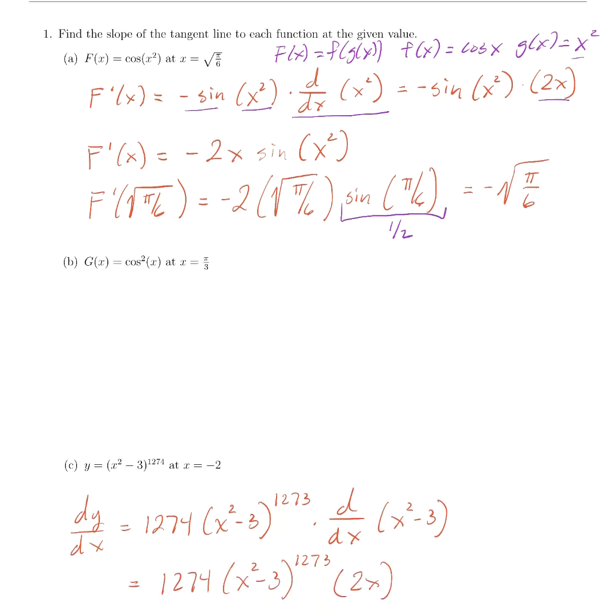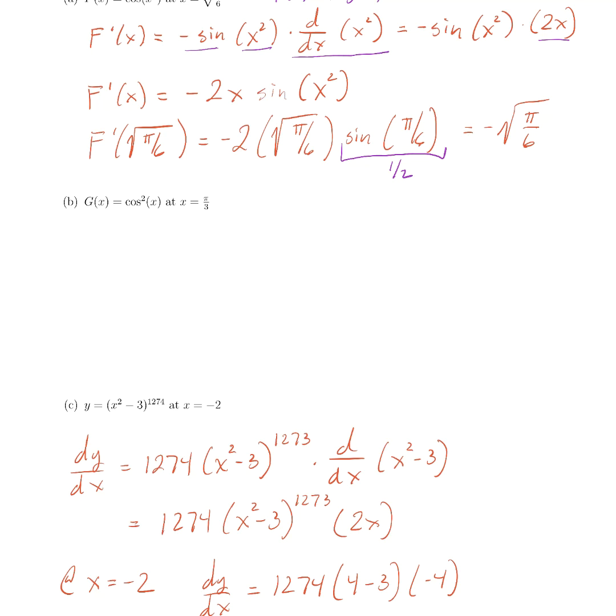Okay, second example, capital G is cosine squared of x. Sorry about that, I wanted to rewrite G, not its derivative, to start. So G of x is just cosine of x squared. The outer function says raised to the second power, and the inner function is cosine.